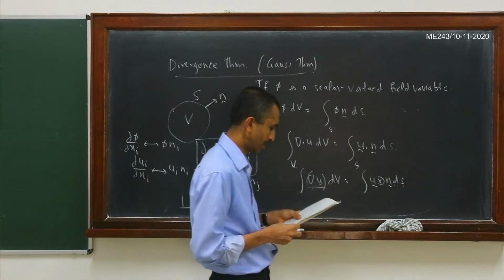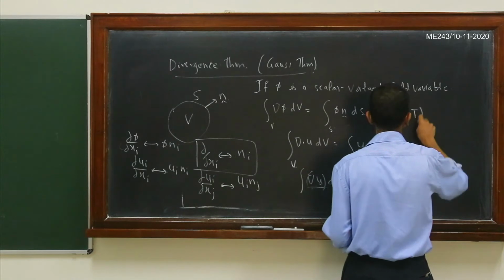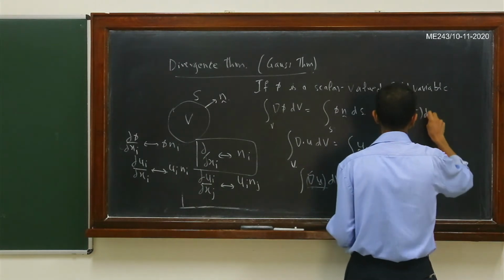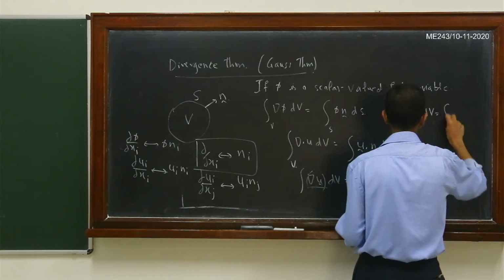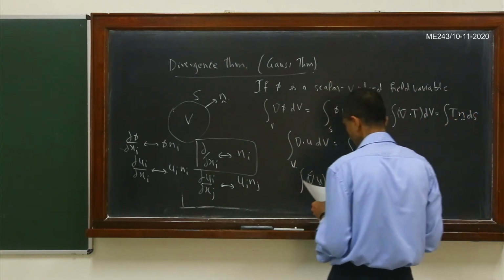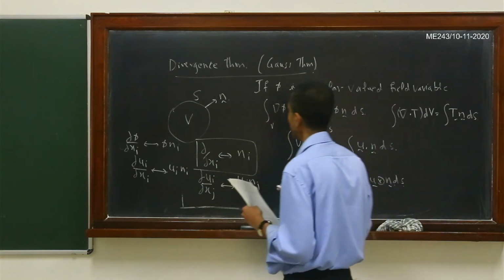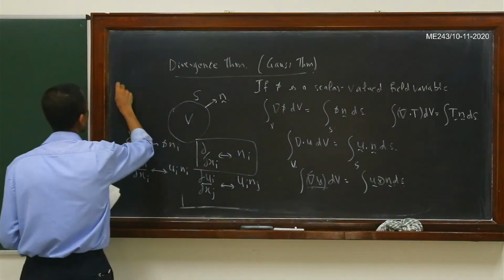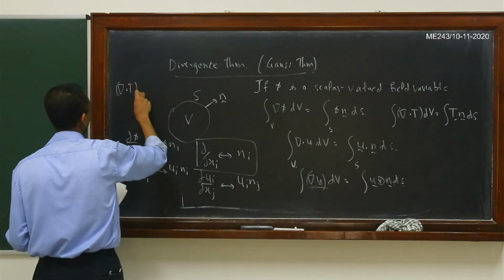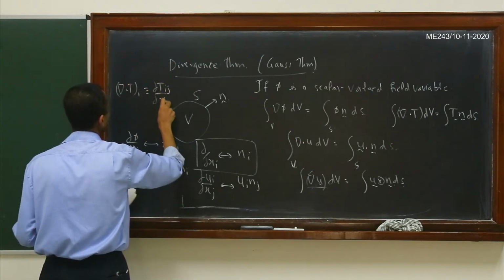Then similarly, ∇·T dv is equal to the integral of T n ds. This also works the same way. The ith component of ∇·T is ∂Tij/∂xj, correct?